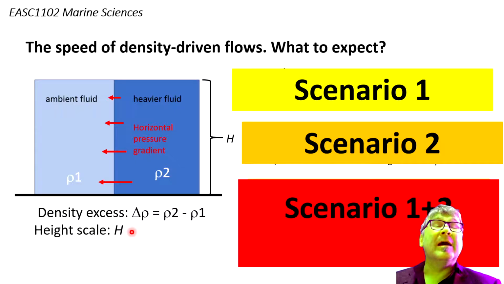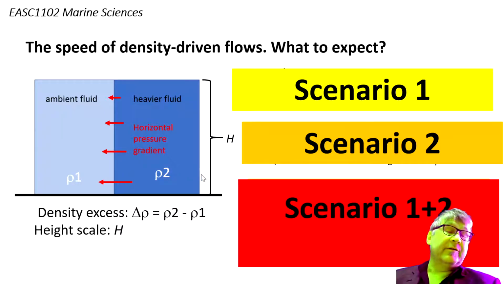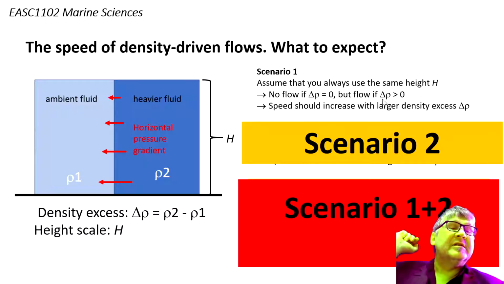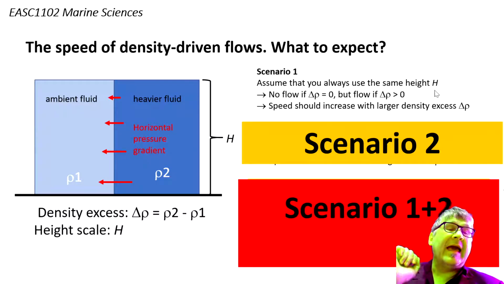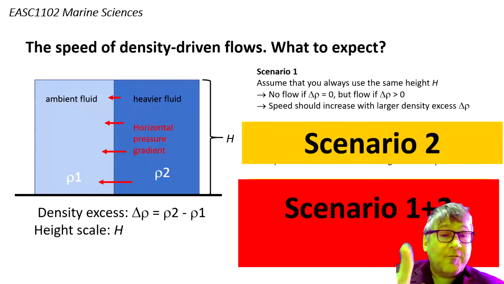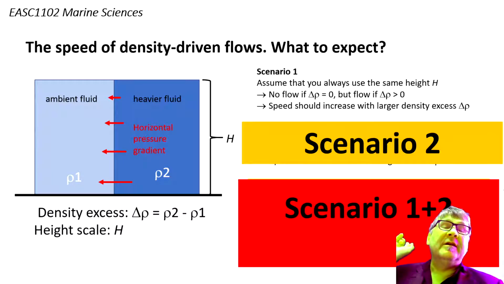So now let's do some thought experiments. We look at different scenarios, and this is to simplify the problem. For example, scenario 1. Assume that you always use the same height H. What you do is you vary the density difference. There will be no flow whatsoever if you have no density difference.